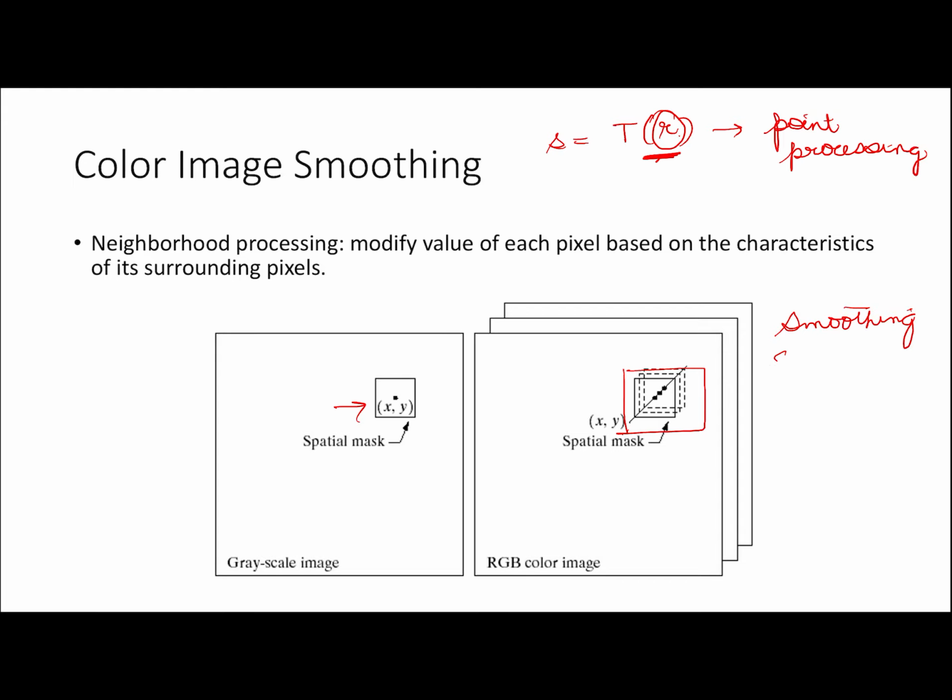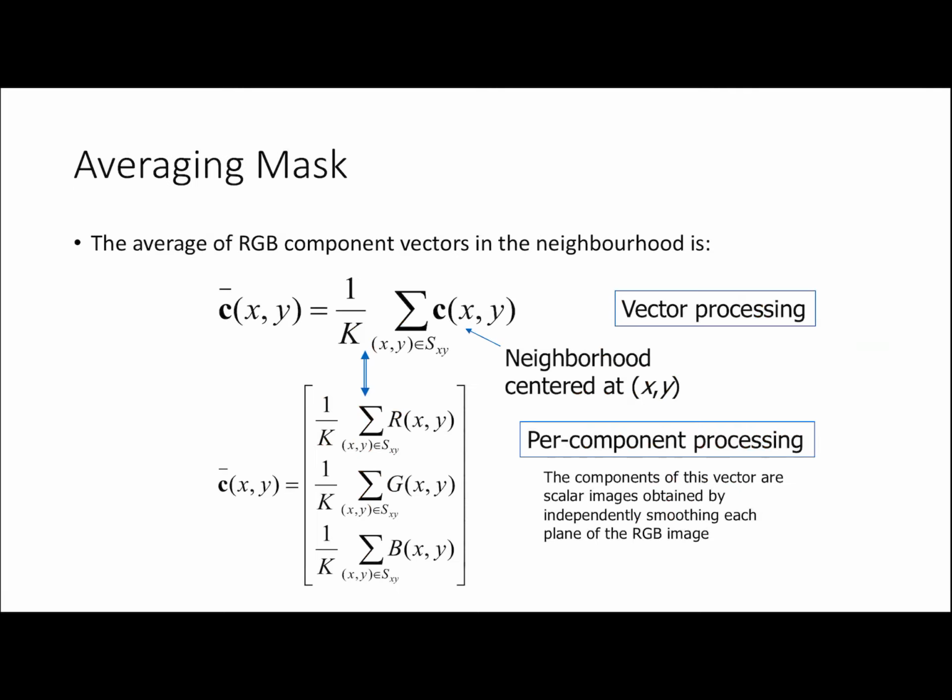And we will talk about two such processing operations. The first one is image smoothing, and the second one is sharpening.